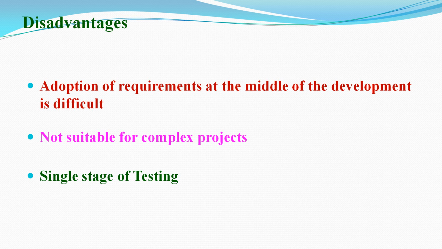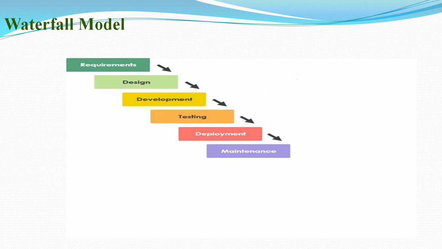And here the major disadvantage of the waterfall model is single stage of testing. This is very important from the interview perspective. So single stage of testing, what does it mean? Here we have the testing stage. That means we have only one stage of testing.